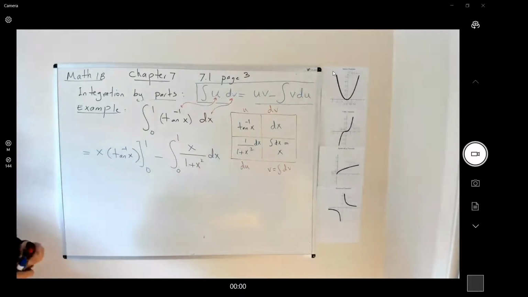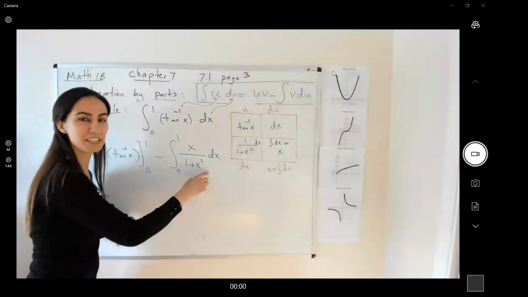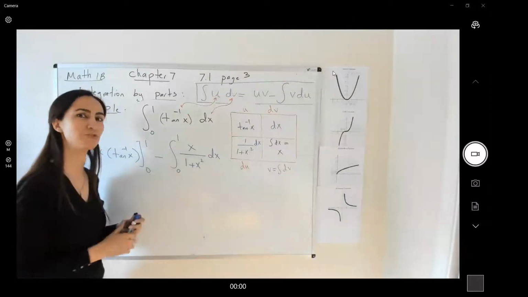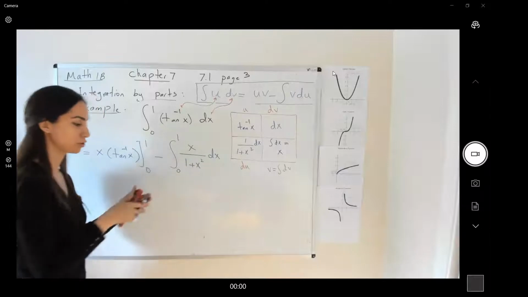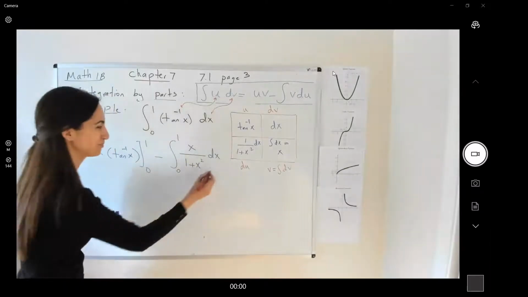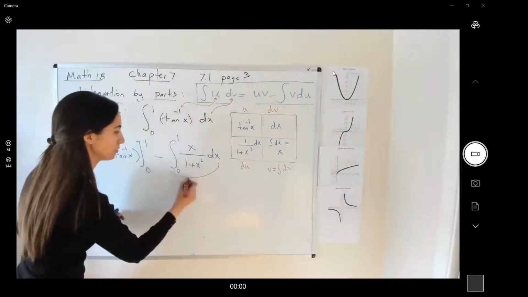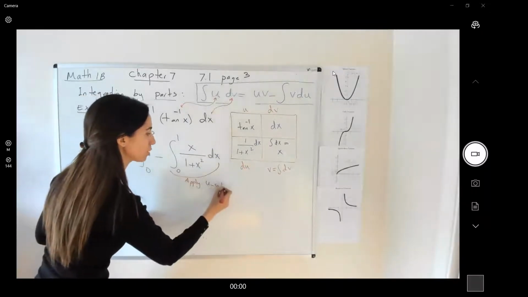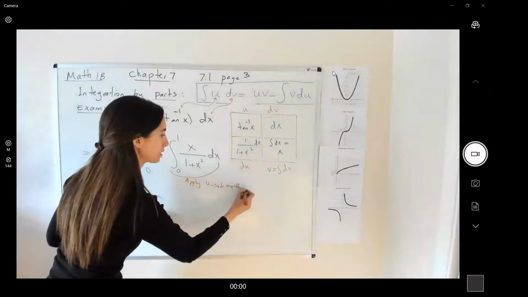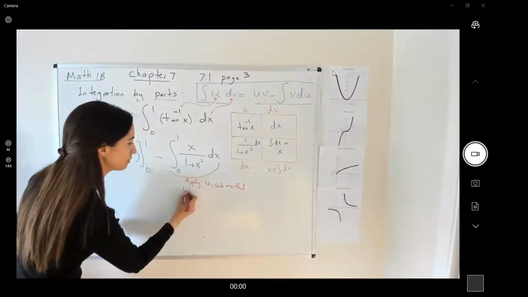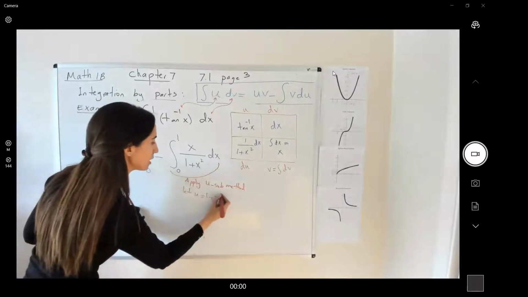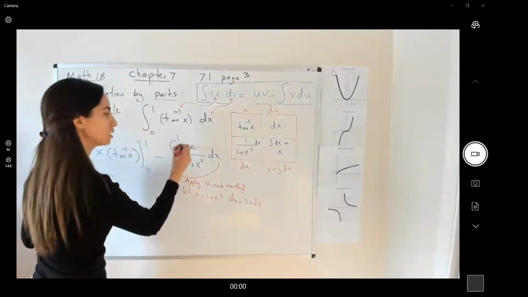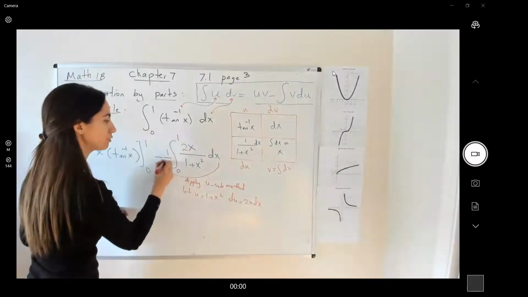Very well. In chapter 5 and 6, we learned how to find this integral. Let us use the u substitution method. So let u be 1 plus x squared, du is 2x dx. So we multiply by 2, we divide by 2.